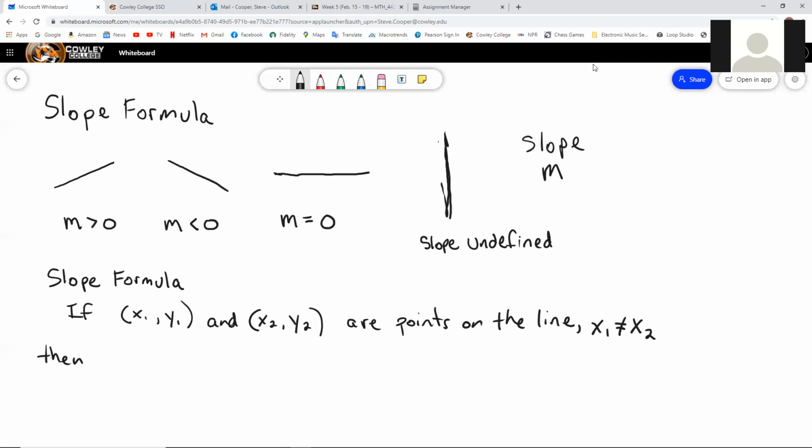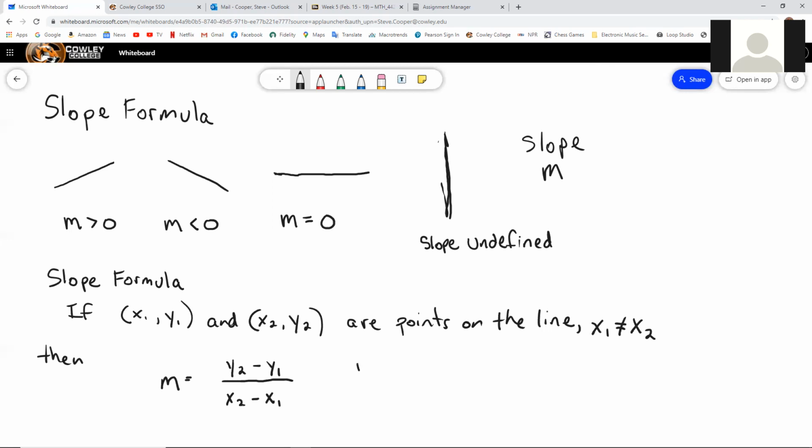Okay, so here's the idea. We can calculate that exact value for the slope, how steep it is, what kind of slope it is, by setting y2 minus y1 over x2 minus x1.